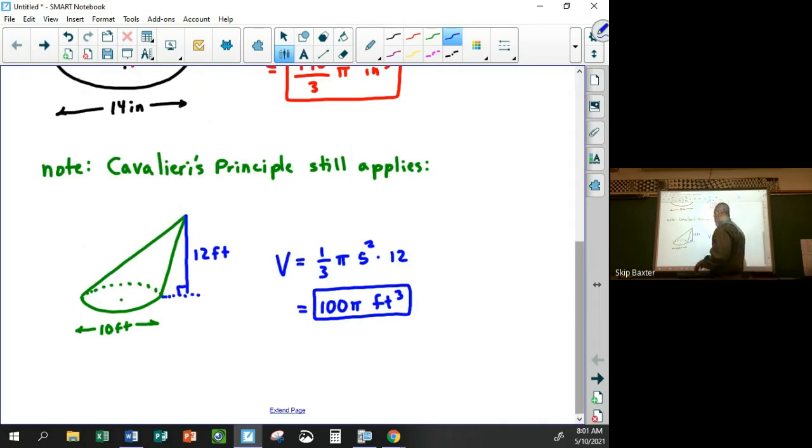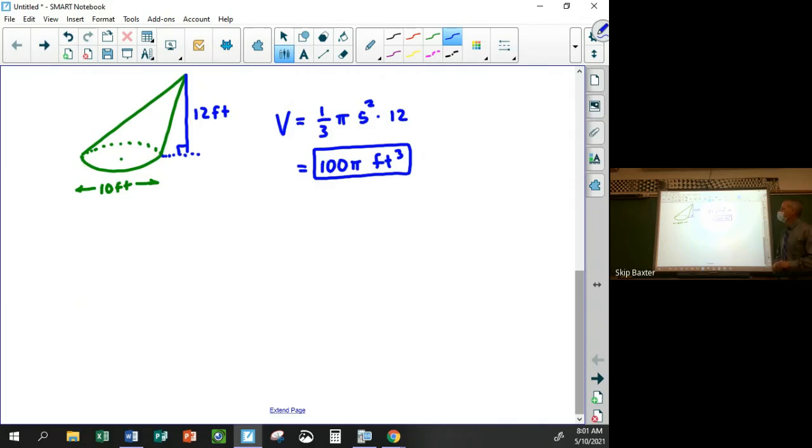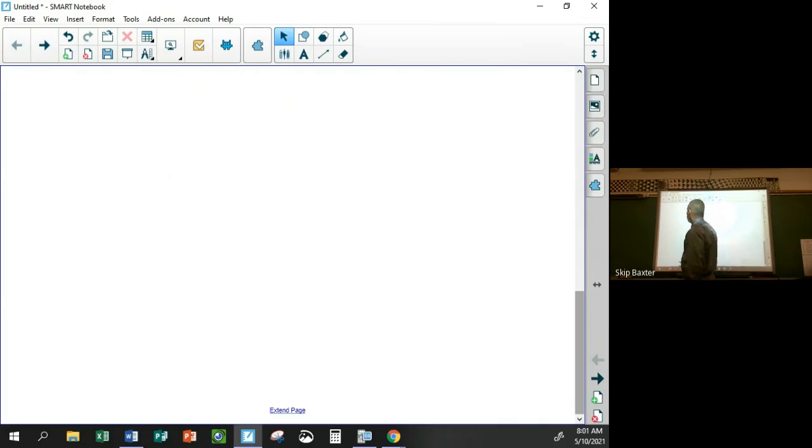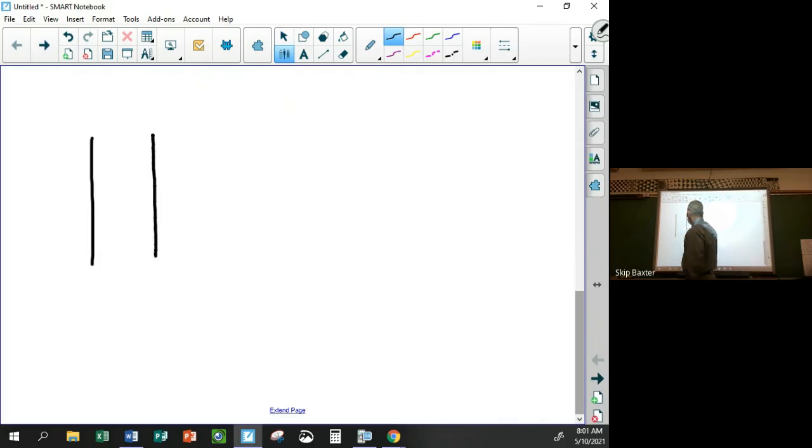So if you think about composite solids that might involve cones, maybe it would be that silo problem that we talked about before. Maybe the silo is a cylinder with a cone on top.